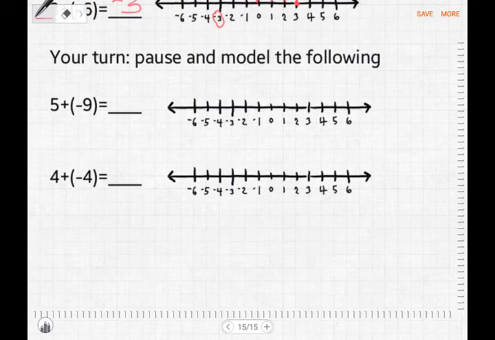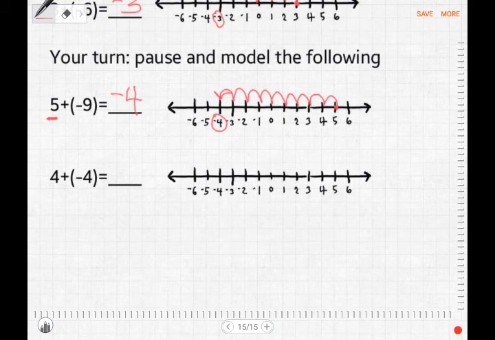Okay, are you back? So we have 5 as our starting point plus negative 9. I'm starting at 5. Since I'm adding a negative, I'm going to count to the left. 1, 2, 3, 4, 5, 6, 7, 8, 9. Negative 4.